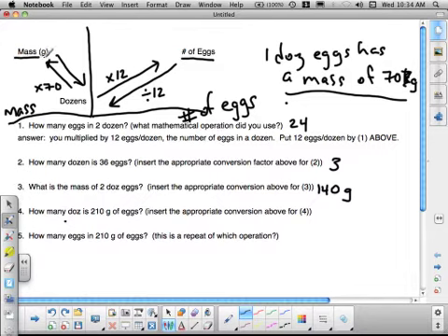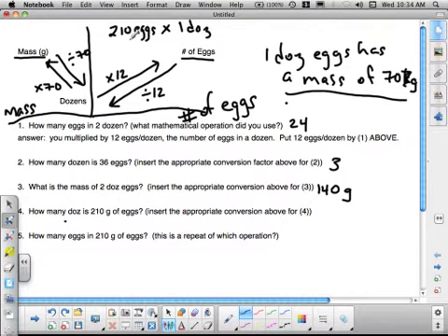So remember that grams is mass. And if I'm going to get to my central counting unit, which for eggs is the dozen, I'm going to divide that mass by 70. Because each dozen weighs 70. So dimensional analysis, unit-wise, I'm taking 210 grams. And this is my conversion factor. And I want to get rid of grams, so I don't want grams, so 1 dozen.